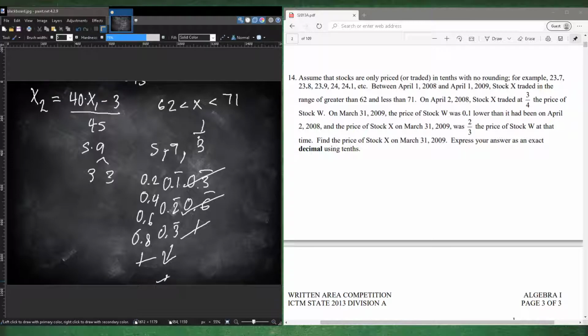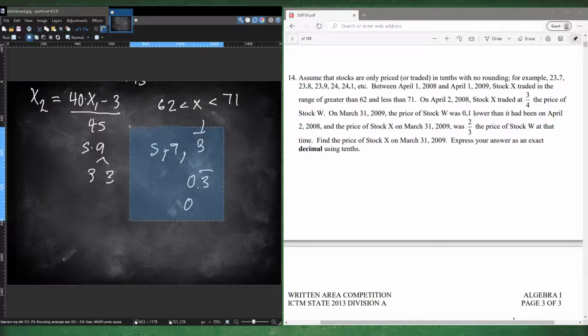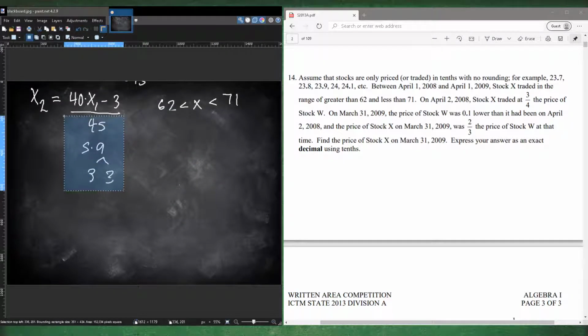So we don't have to think about the 3 and the 9, because they all have some number repeating. It's going to round, but they said no rounding. So the only one we could work with is the 5. What this tells us is that from the 45, we need to take away our 9 somehow. So let me erase all of this. Let's split up our 45 into a 5 and a 9.